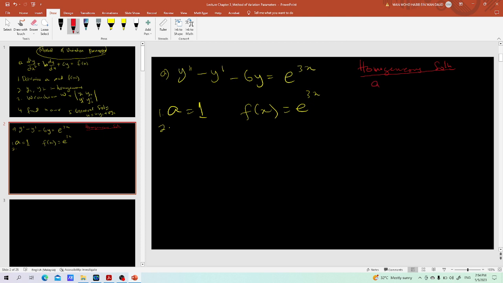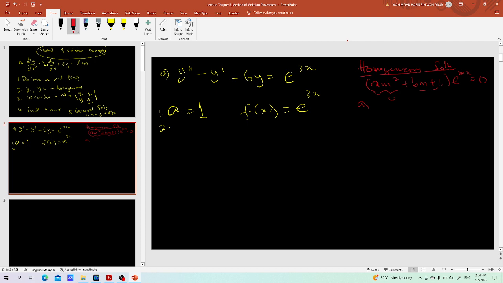In general, we have m square plus bm plus c, times e mx equals 0. The first case: e mx cannot be 0, so the possibility for this equation to be 0 is that this factor is 0.